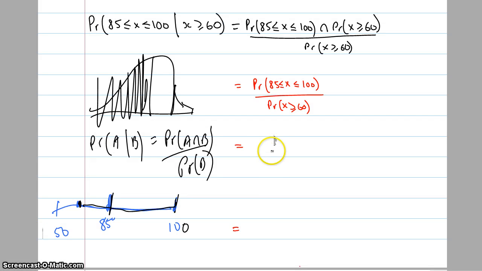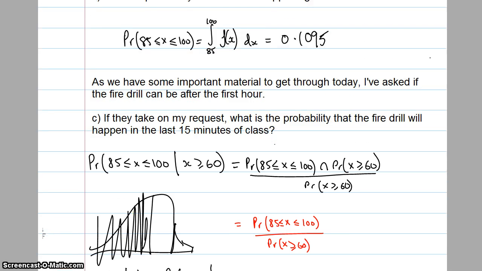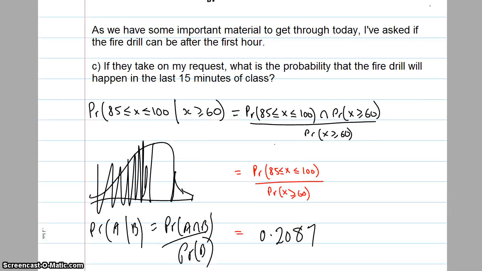So that's 0.2087. As you can see, it's a higher probability than the previous one because now we've eliminated a whole bunch of things. So this is how to do a conditional probability for this question.